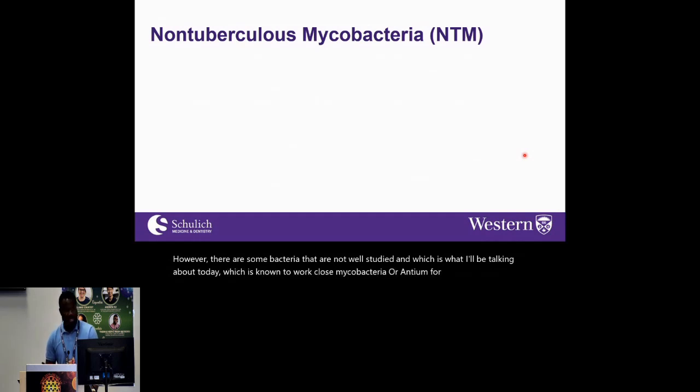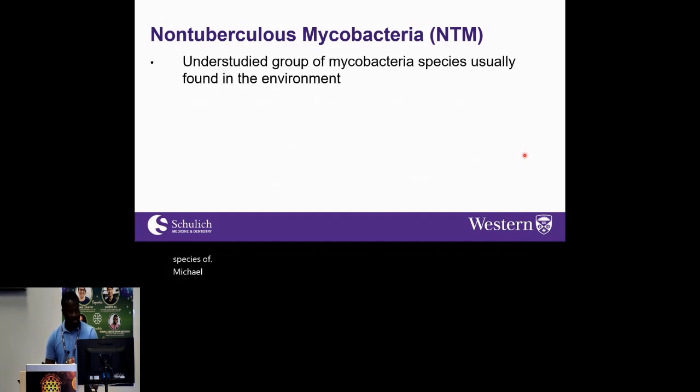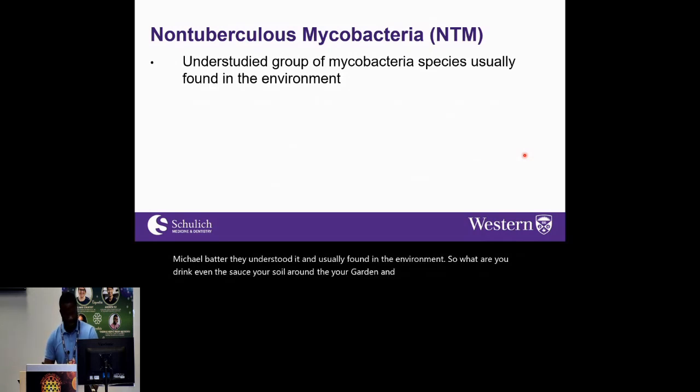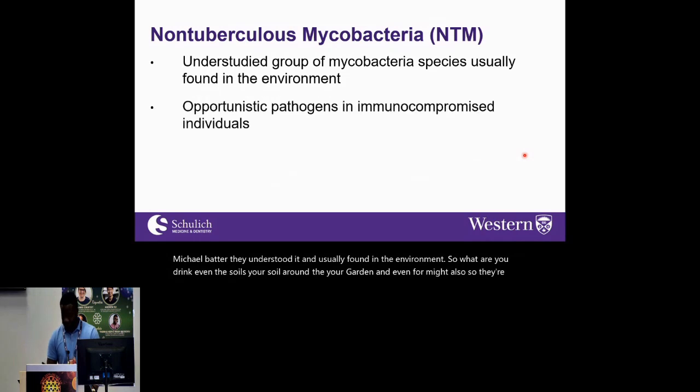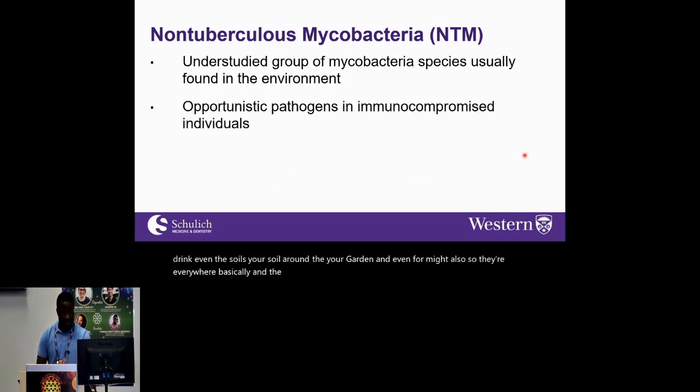This is a group of mycobacteria that are understudied, and they are usually found in the environment: the water you drink, the soil around your garden, and even termites. So they're everywhere, basically, and they're opportunistic pathogens. Unlike Mycobacterium tuberculosis, the human-adapted pathogen, these are opportunistic and can cause disease in people who are immunocompromised or even healthy people.